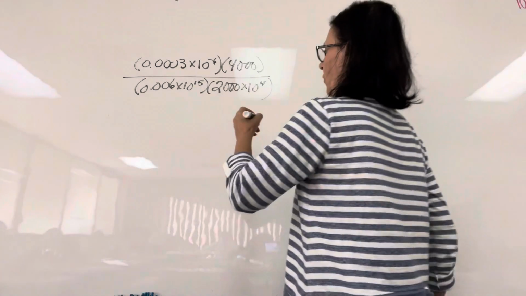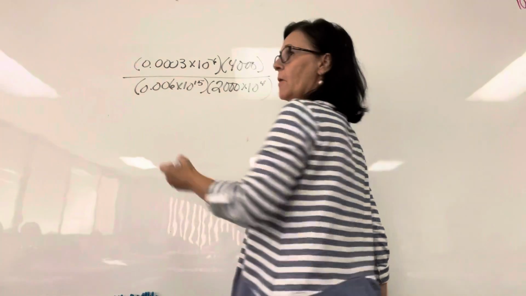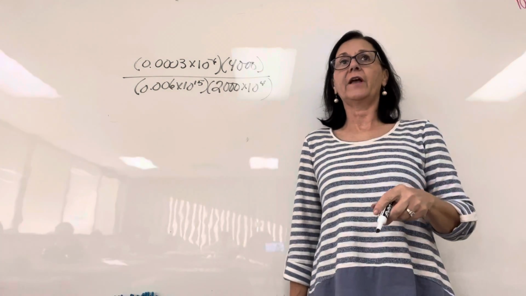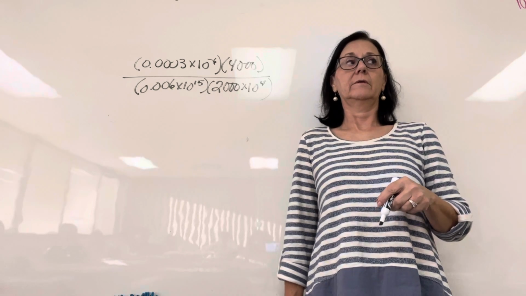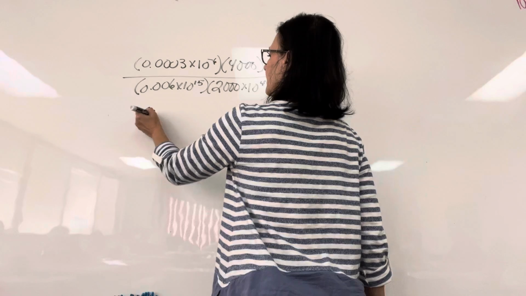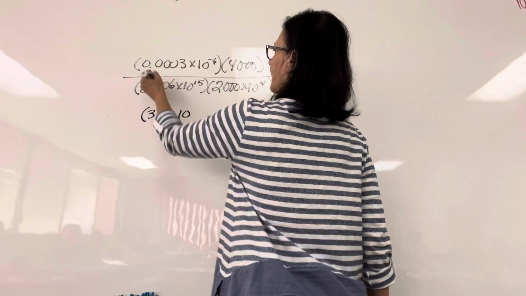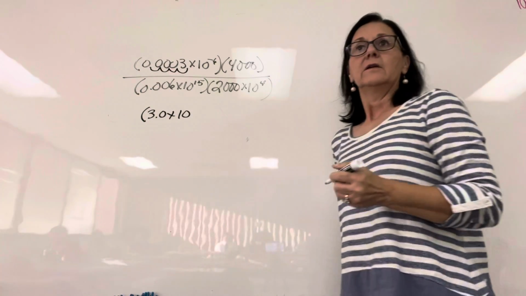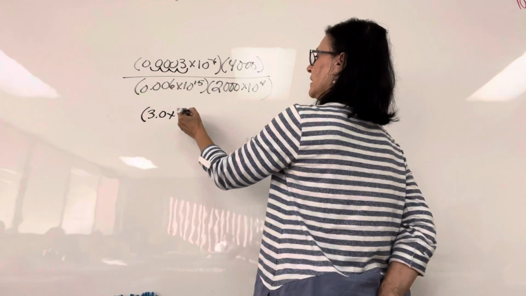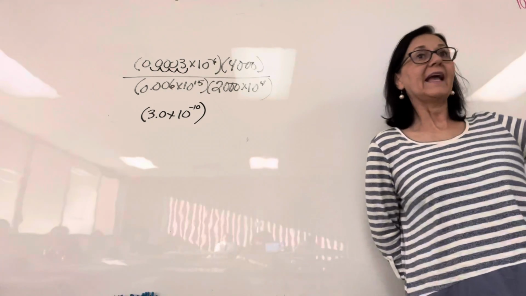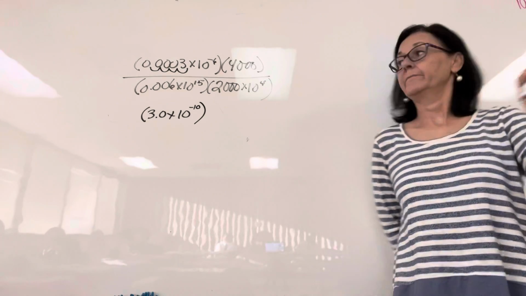None of these is in proper scientific form. Because this is a smaller number, when I move the decimal place, what am I adding? A positive or a negative number? A negative number. All right, so this first term is going to be 3.0 times 10. How many negatives? 1, 2, 3, 4. So it's going to be 10 to the negative 10. I'm adding more negative because it's a small number.